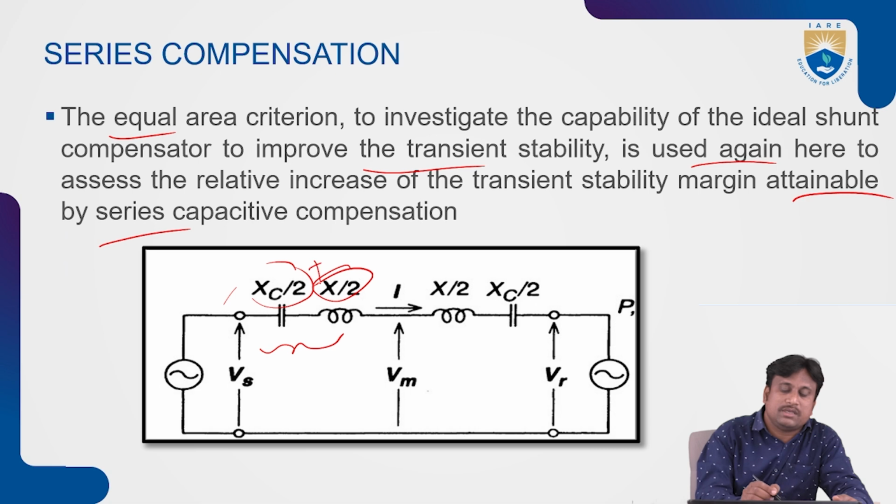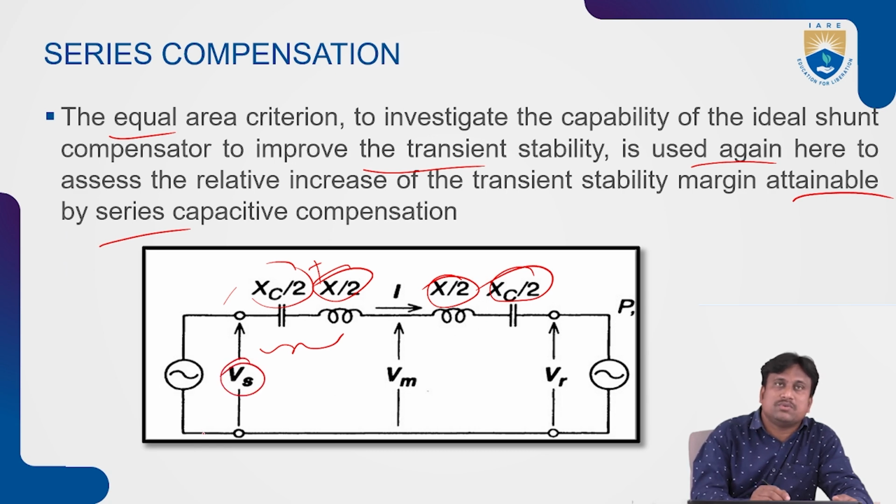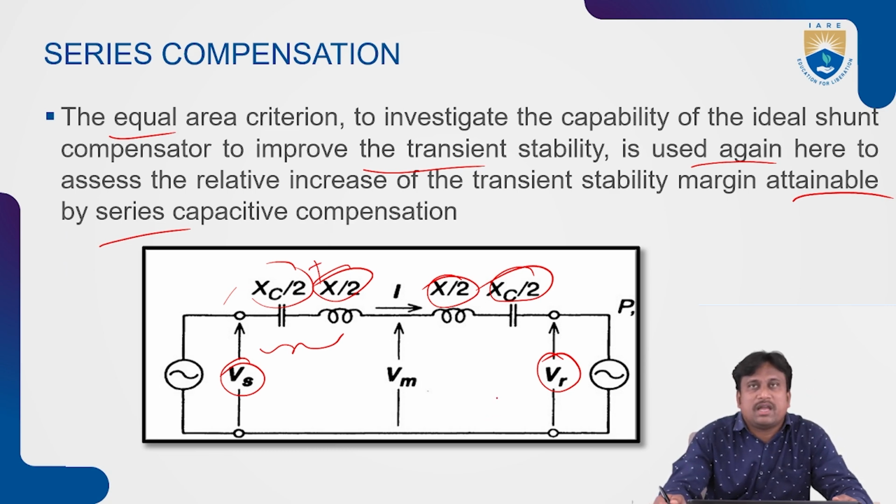This series combination will give one of the suitable cases of X by 2 and Xc by 2. This combination is achieved with the source voltage and receiving voltage. That means the amount of voltage sent from the sending end line reaches the receiving end line with reduction free of all distortions in the output.